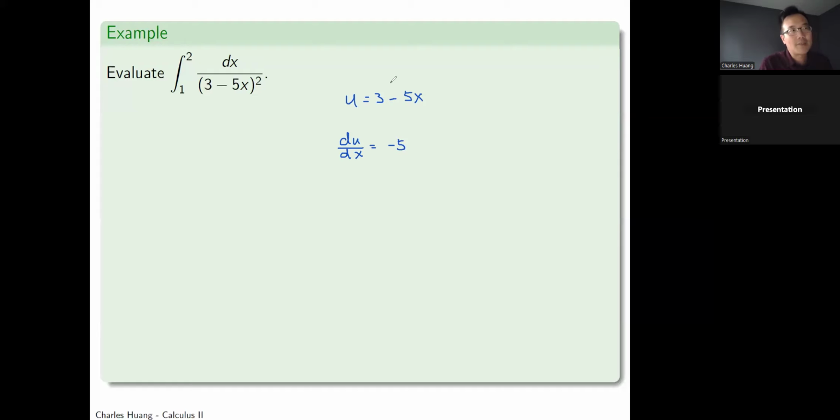When I find the derivative with respect to x, I'll just get -5. So du is equal to -5 dx. This is the differential form. And then we're going to solve for dx. So -1/5 du is equal to dx. We're going to substitute for that.